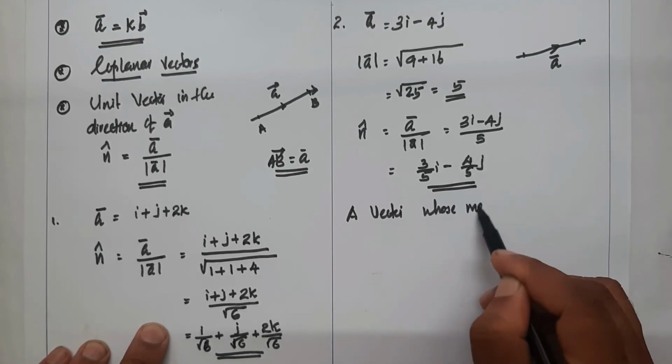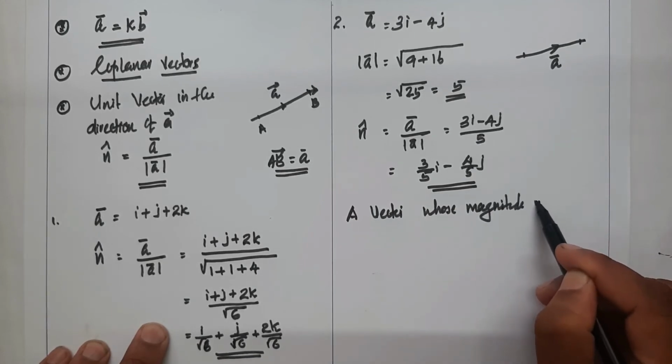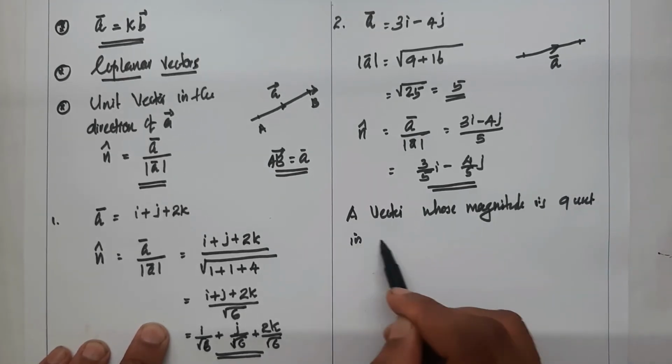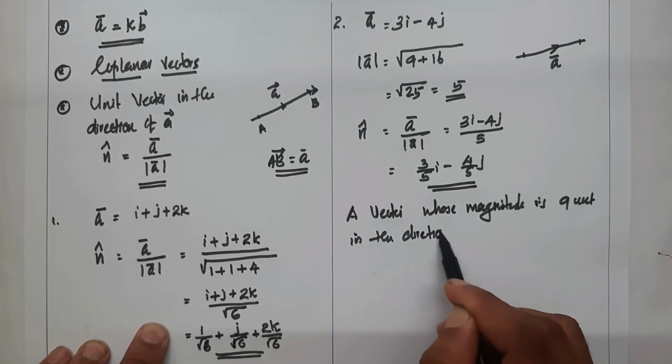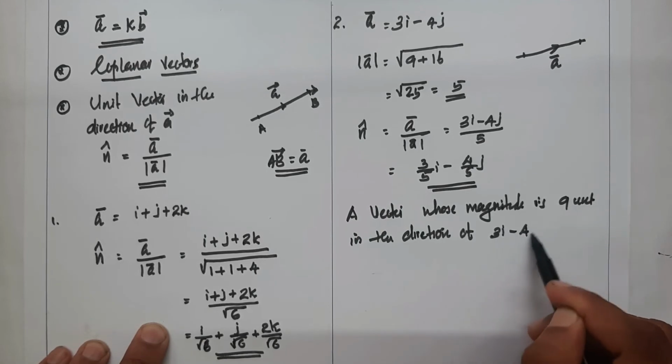Now we find a vector whose magnitude is 9 units, in the direction of 3i minus 4j.